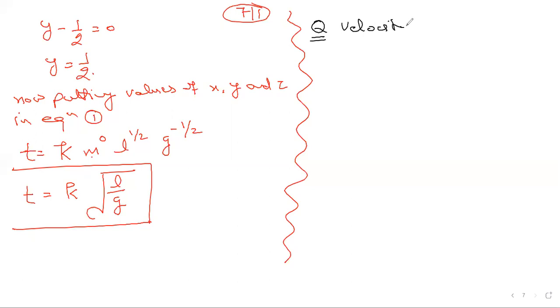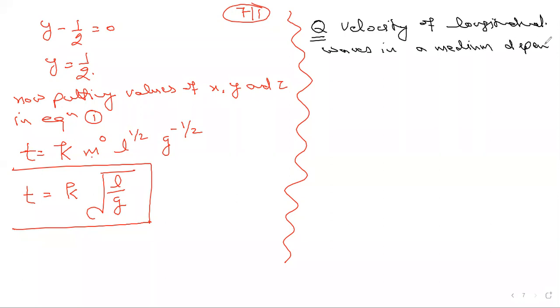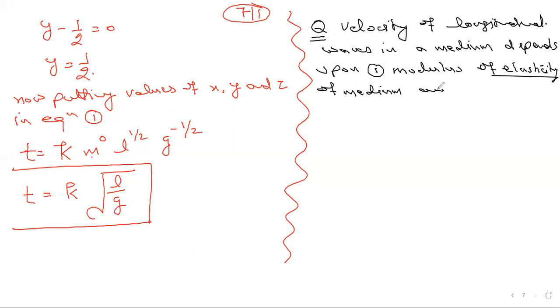The velocity of longitudinal waves in a medium depends upon the modulus of elasticity of the medium and its density.